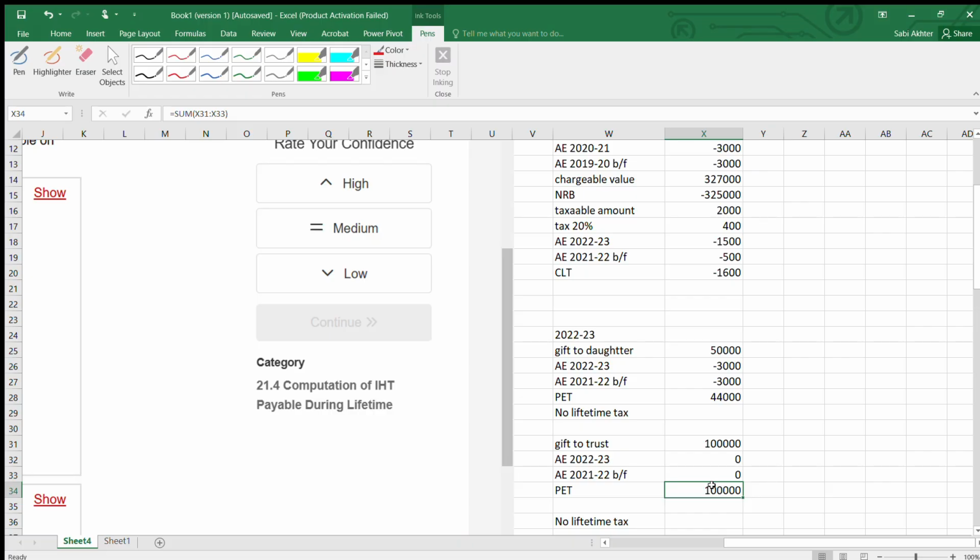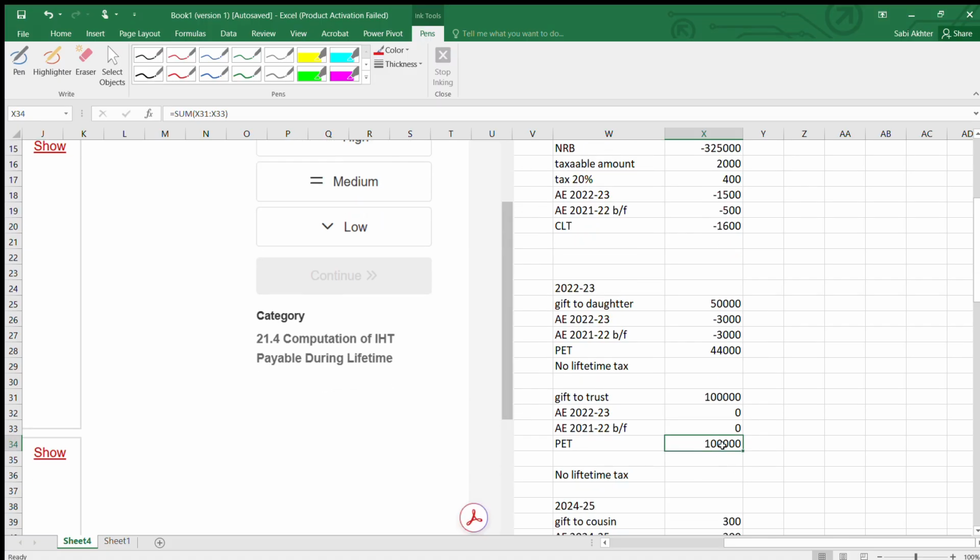So now on this 100 you will be taxed, this taxable amount. Remember, we have utilized the nil rate band entirely in the previous 7 years. So now we don't have any more nil rate band, and this is paid by whom? Mr. Wealthy, the donor. So the donor rate will be 25%.